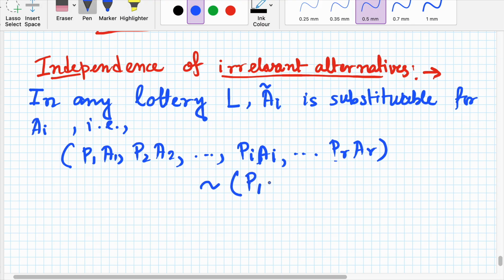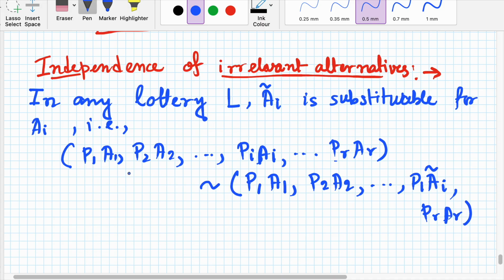If I also present P1 A1, P2 A2, these irrelevant alternatives, with PI AI tilde, up to PR AR, this lottery and this lottery are indifferent, because AI is indifferent with AI tilde, irrespective of all the other alternatives present here with some probability. Those alternatives are irrelevant.